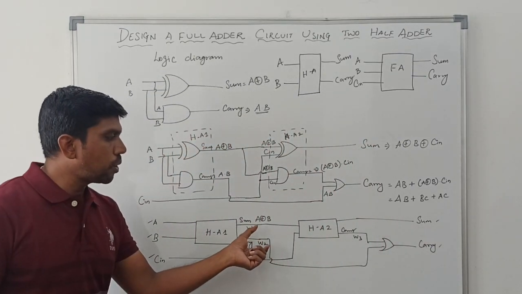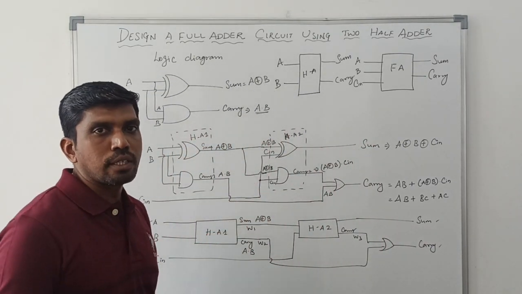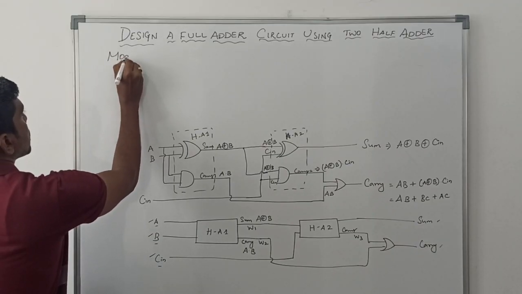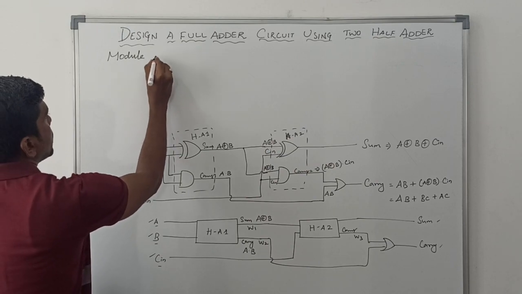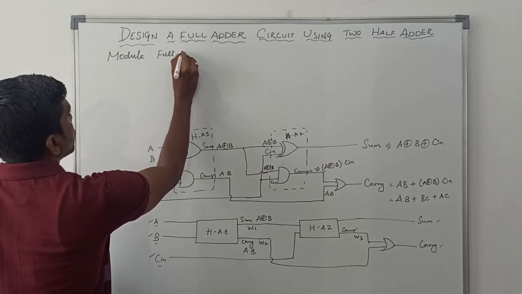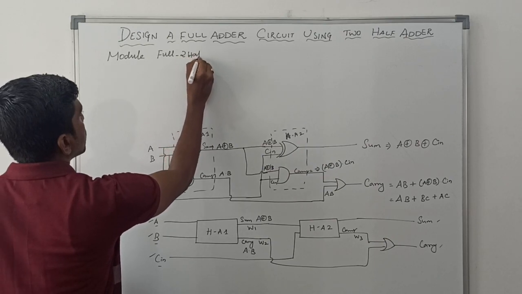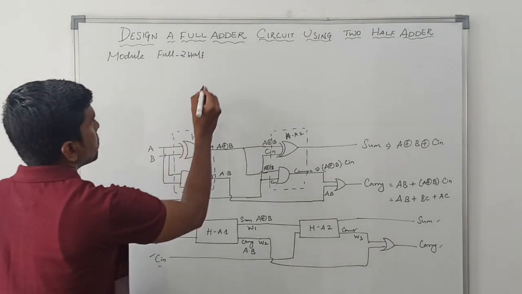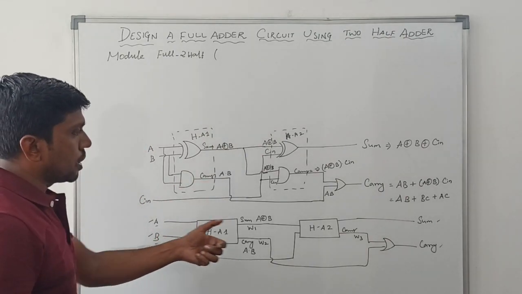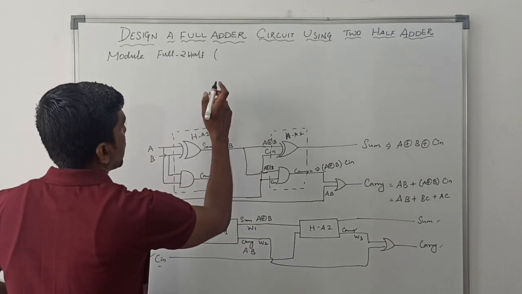So the remaining 3 are input signals and these 2 are output signals. Using this block diagram, now I am going to write the Verilog HDL program. First write module, then the module name: full adder design using 2 half adder. Afterwards, declare the input and output ports within a bracket.